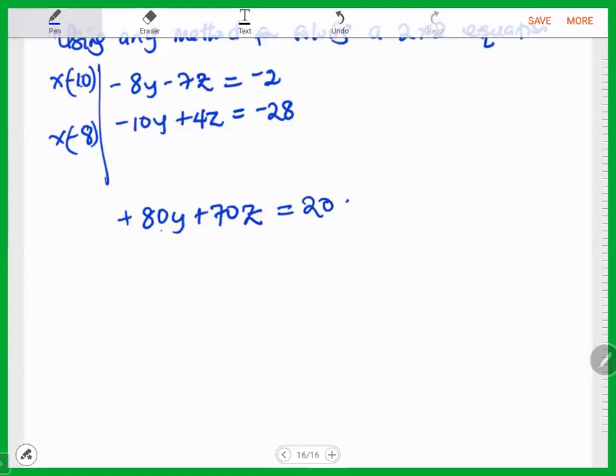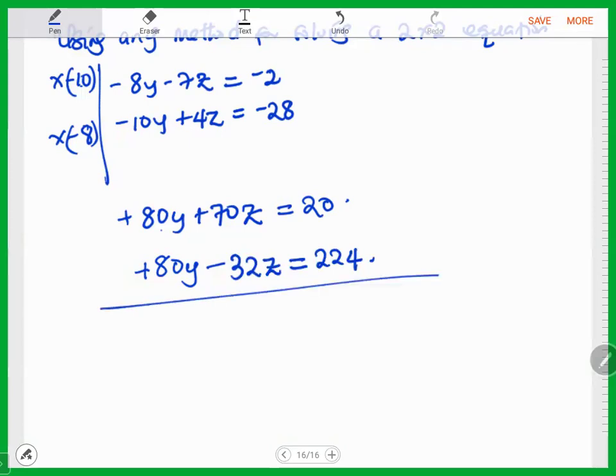This minus 80 plus 80, y minus 8 times 4. Is that 32? Minus 32, z being equal to 8 times 28 plus 2 to 4.